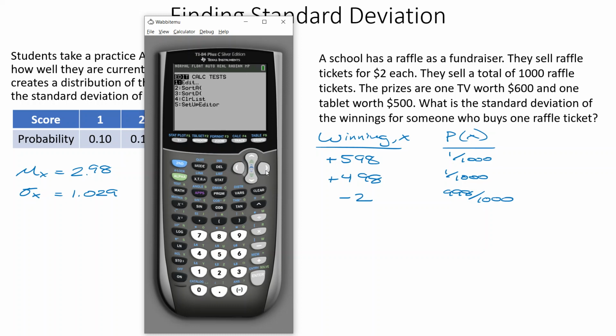Press stat, go to calc, one variable stats. Now my winnings I put in L3, so I'm going to press second 3 to get L3. My probabilities I put in L4, so second 4. And there's that -0.9 we got before, and there's our standard deviation 24.67.